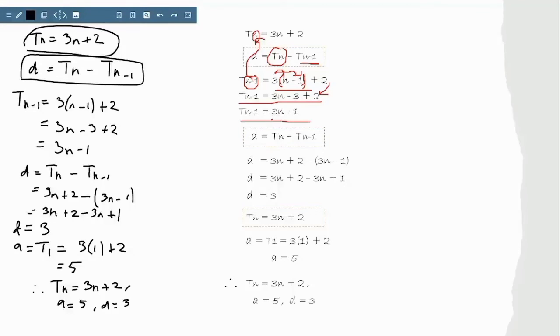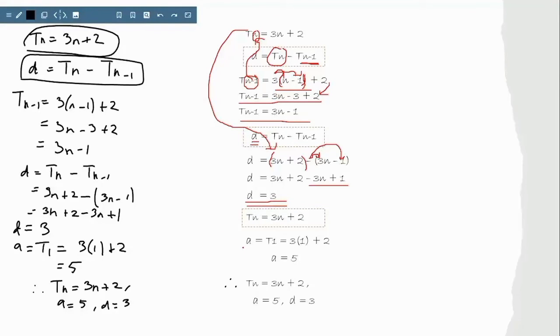And then simplify it, we get 3n minus 1. We get Tn and Tn minus 1, so we can find the value of d. Substituting the values here, and then we eliminate the bracket by multiplying the minus sign with Tn minus 1, and we get negative 3n plus 1. At the end, we get d equal to 3.